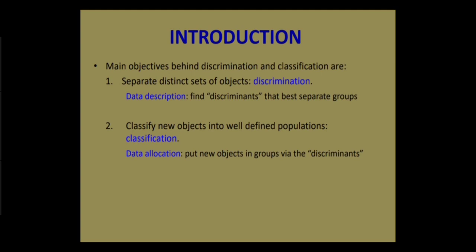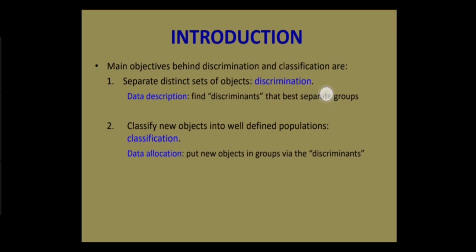We find the discriminators that are best to separate among groups, to separate the observations or the objects into groups. Okay, we define what the discriminators are.